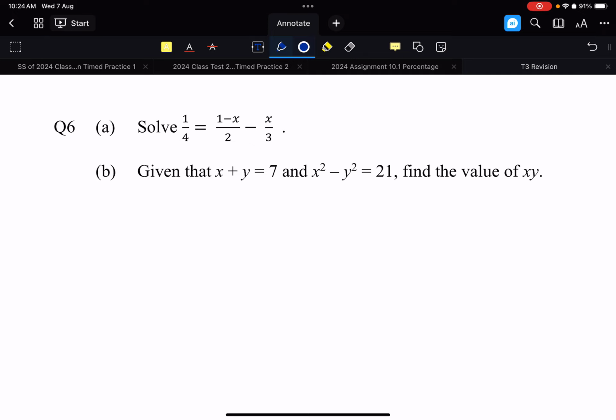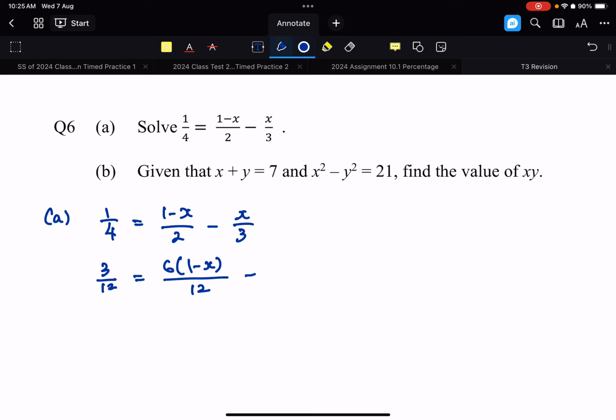More fractions. Okay, we can do this, no problem. Let's see. Solve the first one. We go 1/4 equals 1 minus x over 2 minus x over 3. We can make the denominator common. Common denominator, I can make it 12. So this will be 3 over 12 equals 6, 1 minus x over 12 minus 4x over 12.